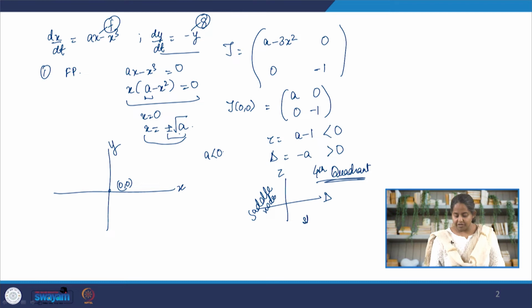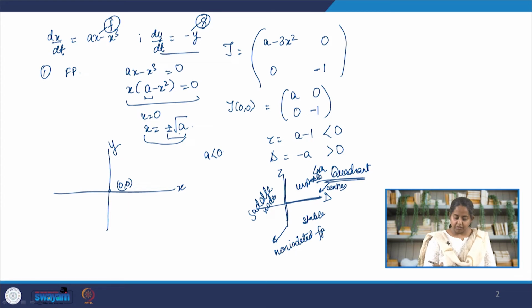In the fourth quadrant, we have stable systems. In the first quadrant, we have unstable systems. And then here we have centers. On the y-axis, we have non-isolated fixed points. So, we are in the fourth quadrant, so we are in the stable zone.